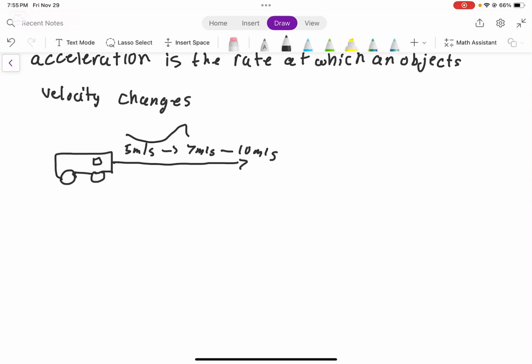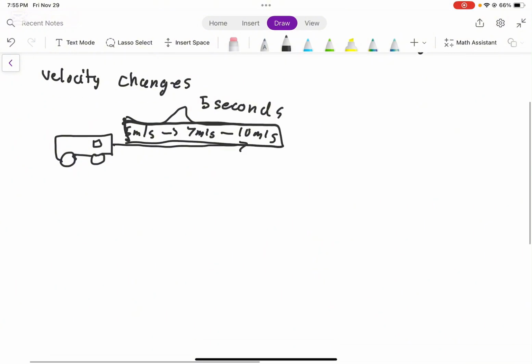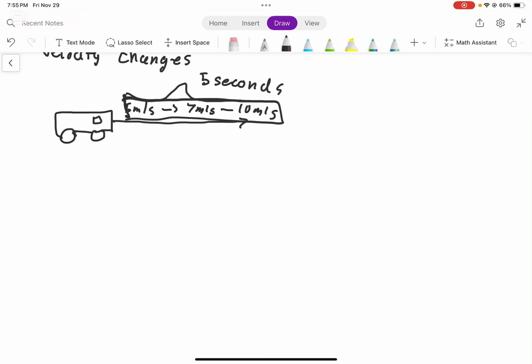And maybe it does all its change in velocity in a time of maybe 5 seconds. So these are different changes of velocity that the car is experiencing over this period of time. So we call that acceleration.